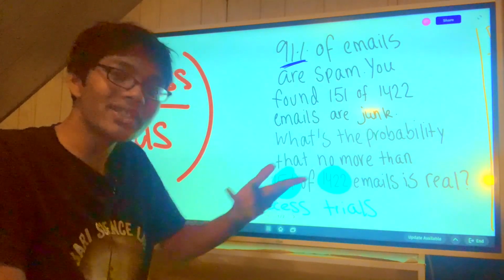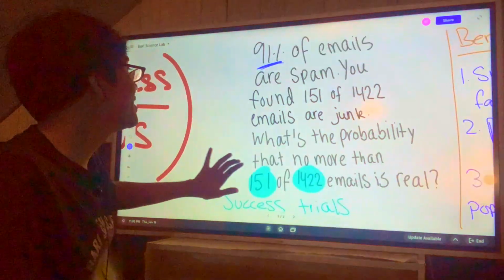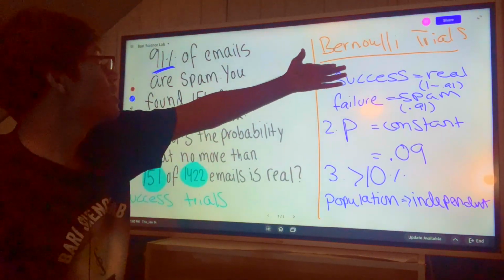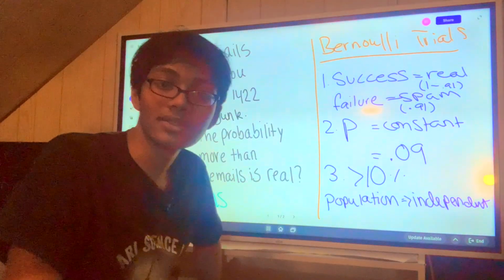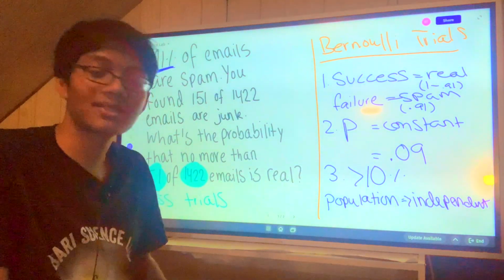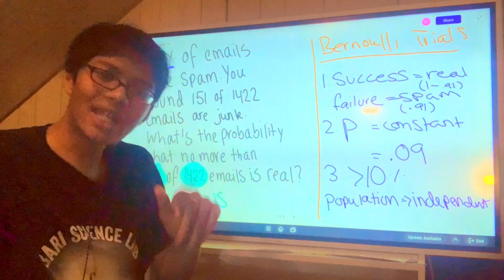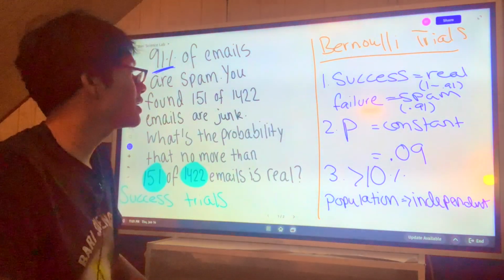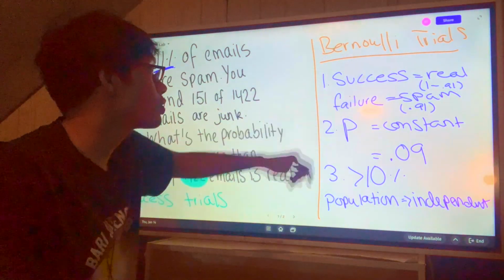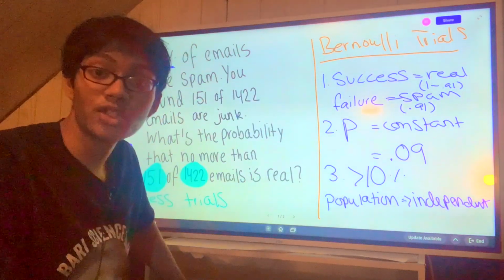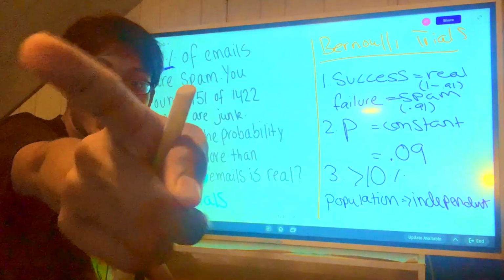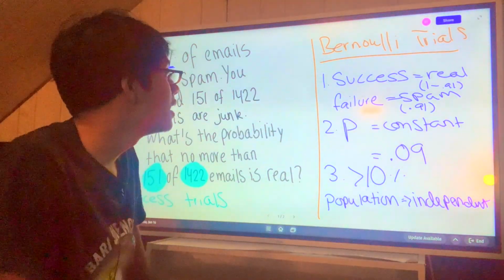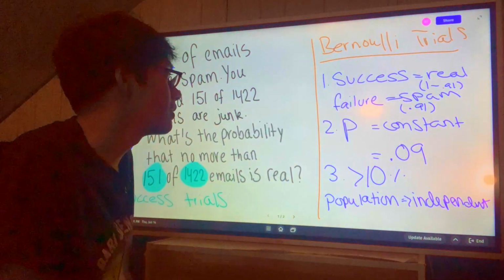But to even use a binomial model, remember, we need to check whether the trials conform to Bernoulli trials. It's easy to mix up Bernoulli and binomial, but try not to. So, Bernoulli trials, what are they? They conform to three laws. Number one, your trials must have either two outcomes, success or failure. Success here means a real email. A failure here means a spam email.